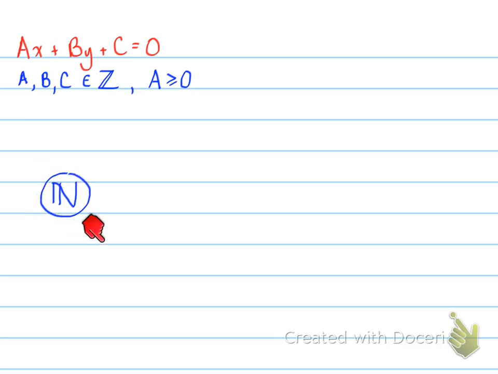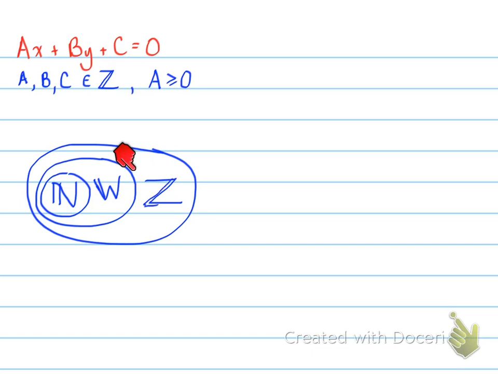Then your world increased into the world of whole numbers, that is 0 plus all the natural numbers. Once we get past the whole numbers, we get into a larger world that involves integers. Integers are all whole numbers and all natural numbers, including the negative versions of these numbers.